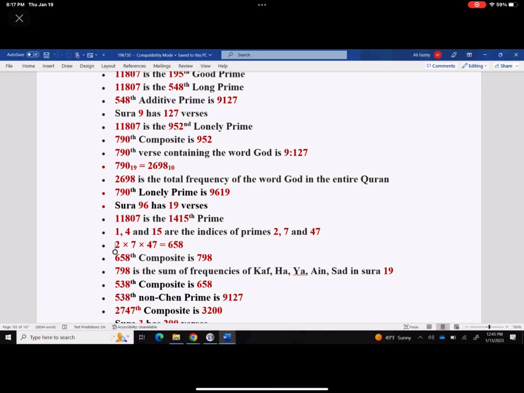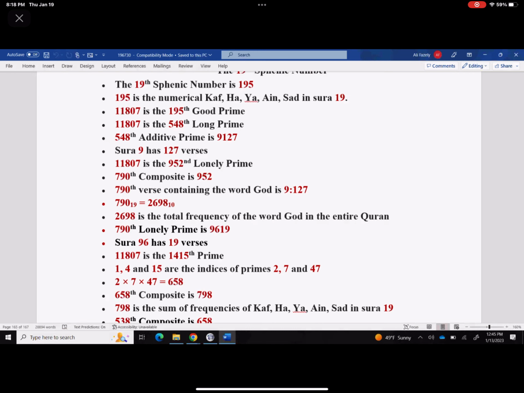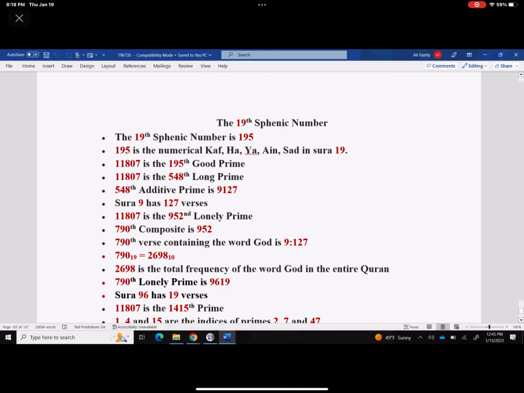Through the 195th good prime. See that? Right here, in this bullet right here. Okay. And we told you why 195. Because as God said over this 19, the 19th Sphenic number is 195.